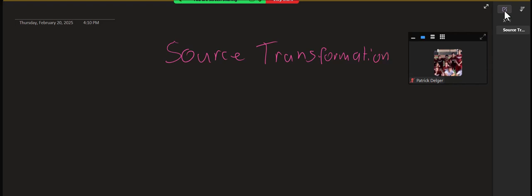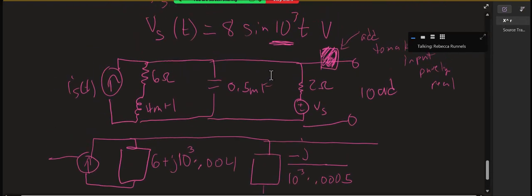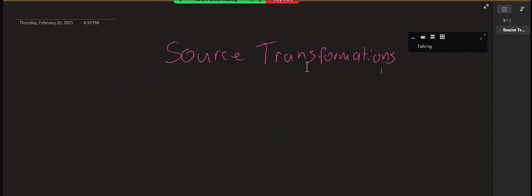Source transformations are useful whenever we have a situation like we were just in, where these two things are in parallel, and then I've got this extra resistor right here that's stuck on this branch with the voltage source, and it really is not conducive to finding the total impedance. But if I could change this resistor to being in parallel with the rest of them, I could do this. And so here's how you do a source transformation.